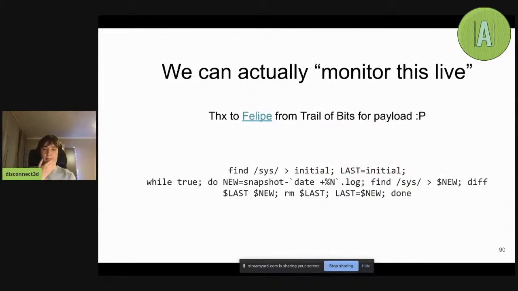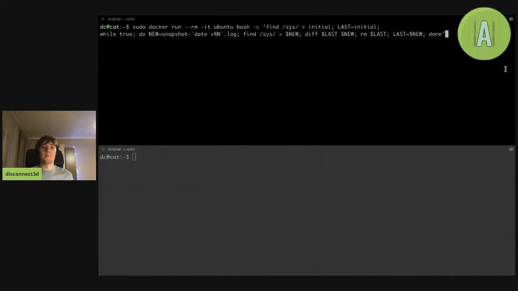And we can actually also monitor this live. I want to thank Felipe from Trail of Bits for the payload for it. We can see it in a short demo. I am SSHed to another Linux machine where I am running this Docker run command, finding all the files in sys and putting them in the initial file path.